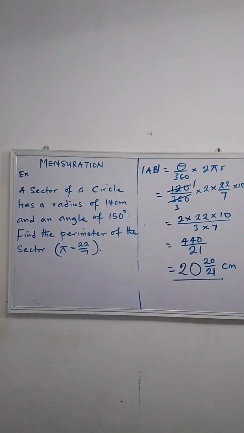A sector of a circle has a radius of 14 centimeters and an angle of 150 degrees. Find the perimeter of the sector.